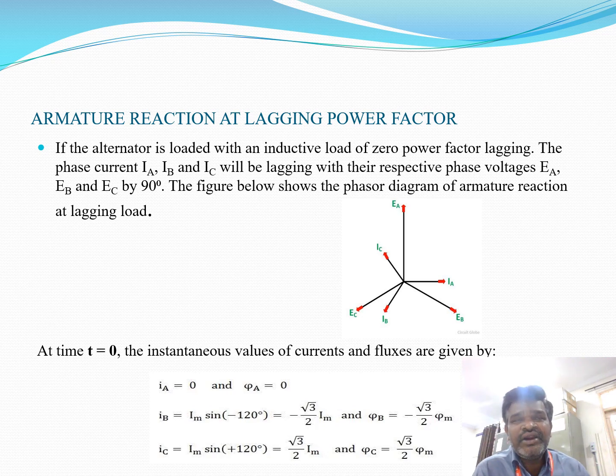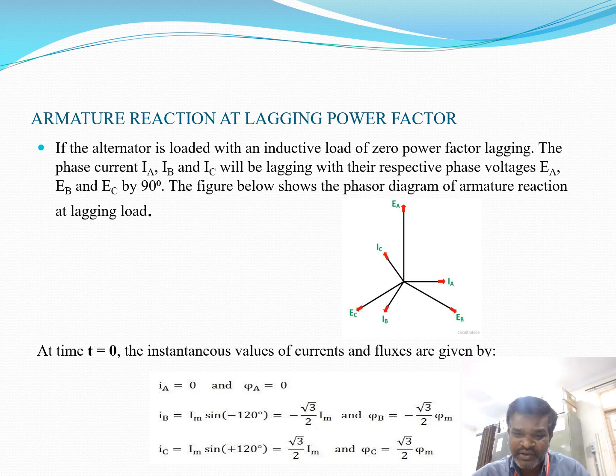Here I am considering my load to be purely inductive. So the phase currents of the three-phase circuit IA, IB and IC will lag their respective phase voltages, meaning IA lags EA, IB lags EB and IC lags EC by 90 degrees.